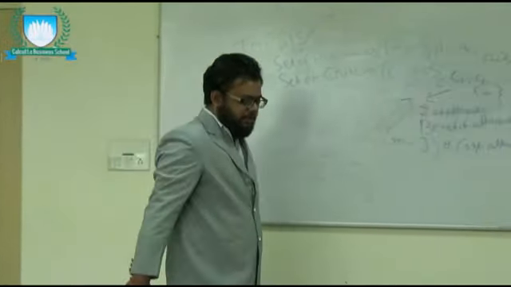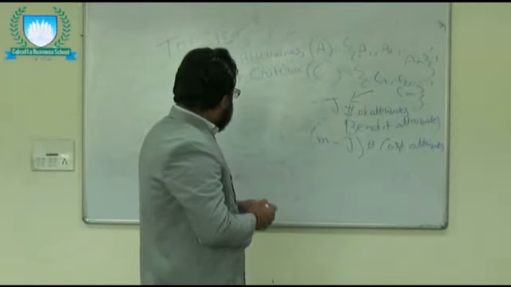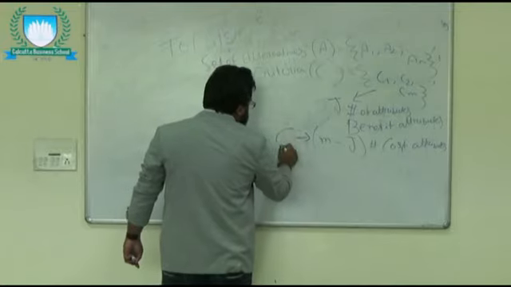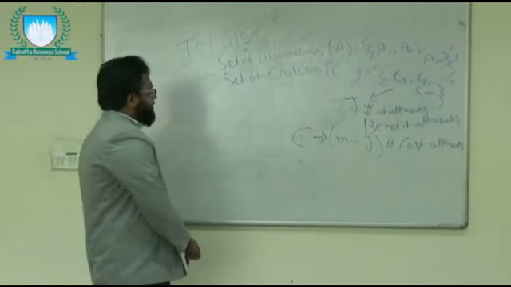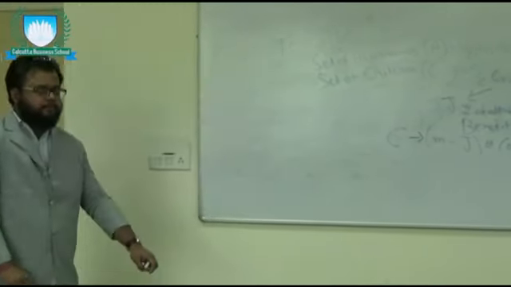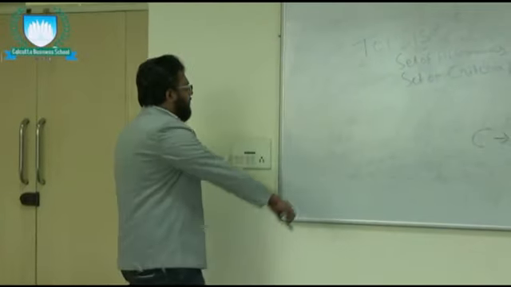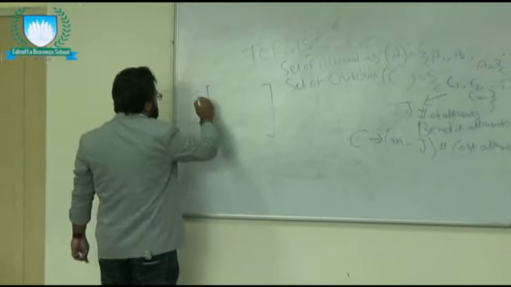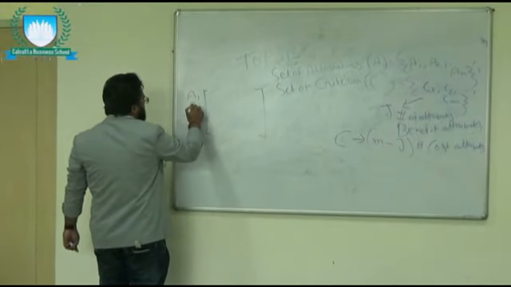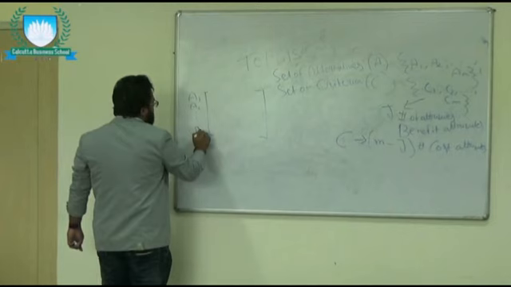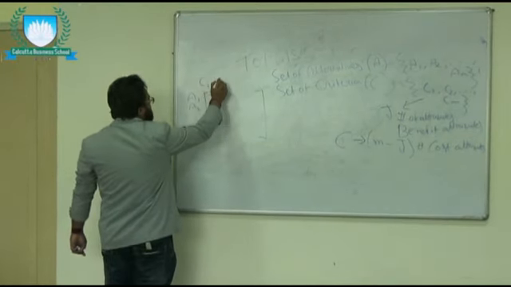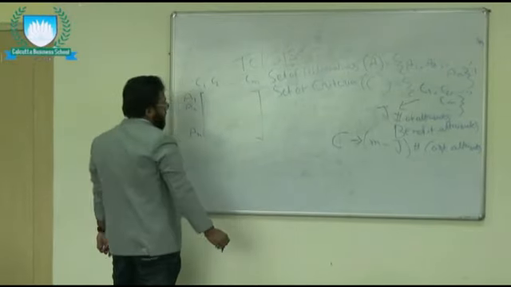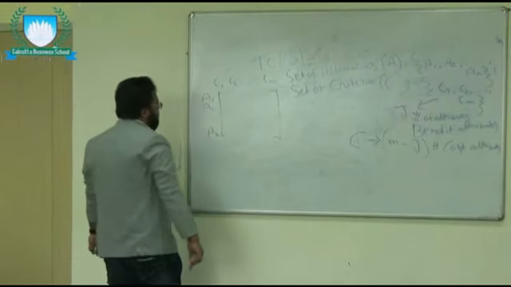Fine. Now for the notation, let me denote this m minus j by c. You can think of a matrix-like structure: A1, A2 up to An, then C1, C2 up to Cm.